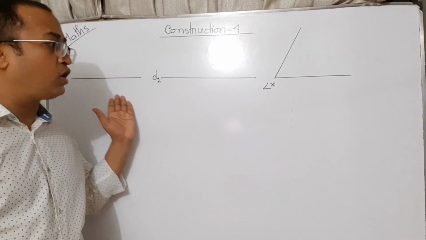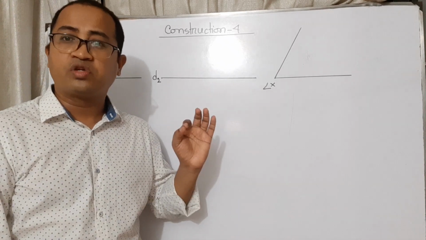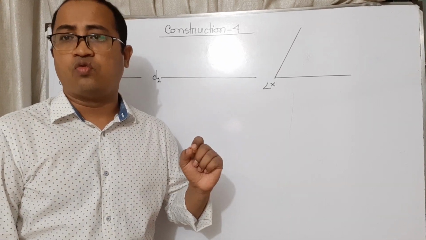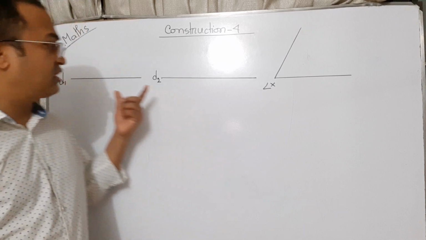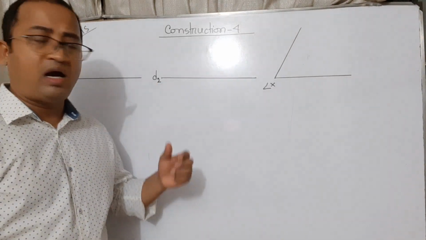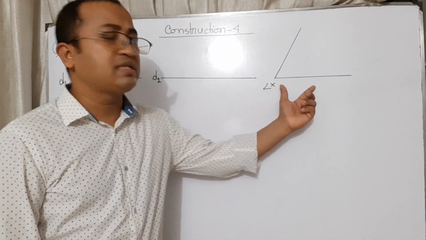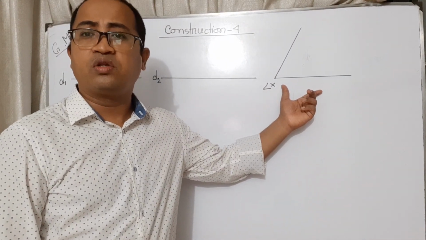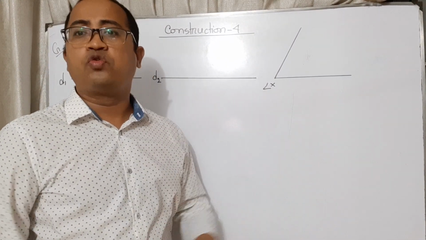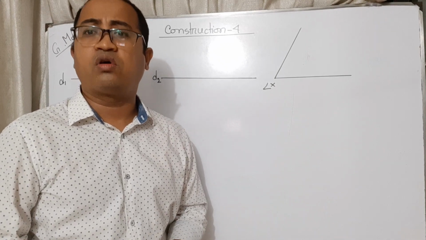So when you draw these two diagonals, they should not be equal. One you take smaller, then the other bigger. I have taken this one smaller and this one bigger. And this is the included angle between these two diagonals. Now we will construct the parallelogram.